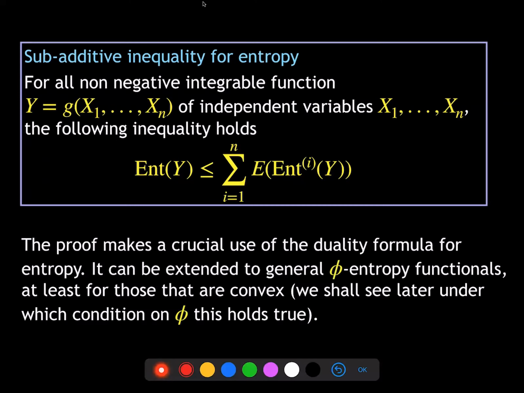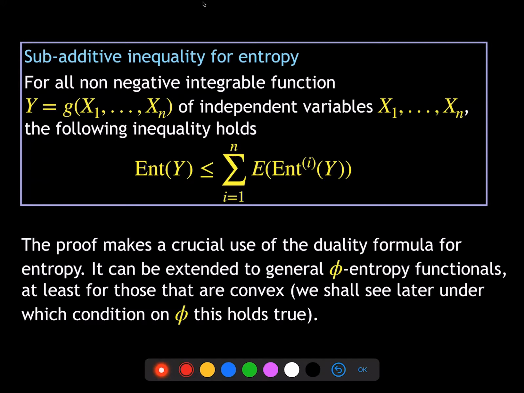So as we shall see, it will be possible to extend this to phi entropy functionals in general, but as we shall also see, a special condition on the function phi will have to hold, because it is not true in general that phi entropy functionals are convex. It is true under some special condition on phi that we shall study in detail afterwards. But for the moment, I would just like to show you how to prove this subadditive inequality for entropy.